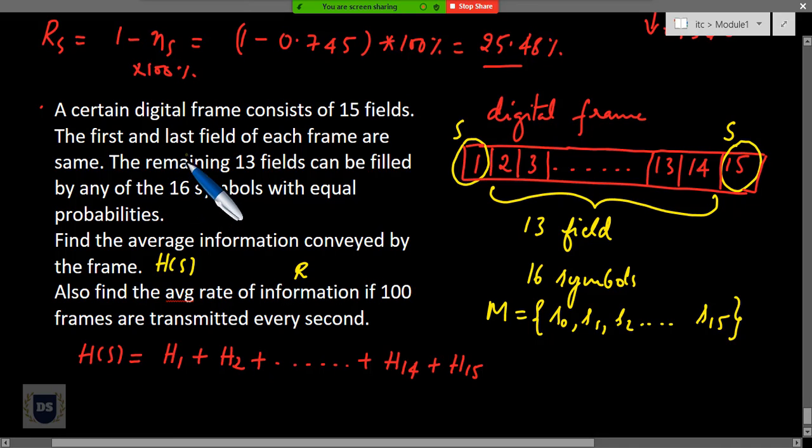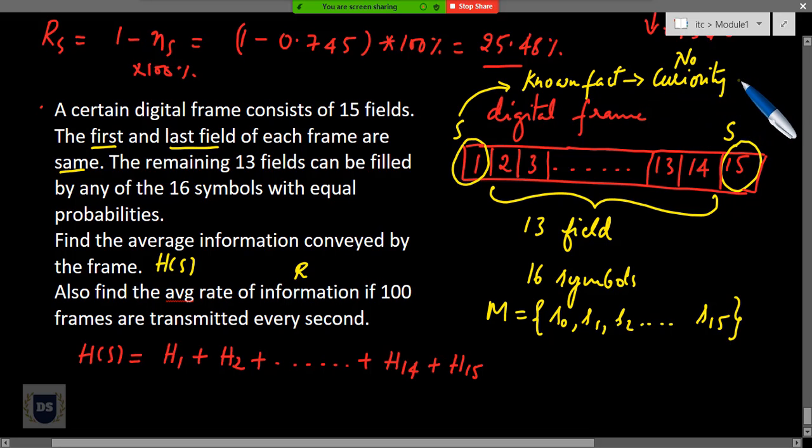Now if I read out this problem statement again, they are specifying that the first and the last field of each frame are same. So here the first field and field number 15 are same for each digital frame, and hence because they are same, they are not changing their values. So thereby this is a known fact that these two fields will not change their value, and because they are not changing their value, there is no curiosity involved.